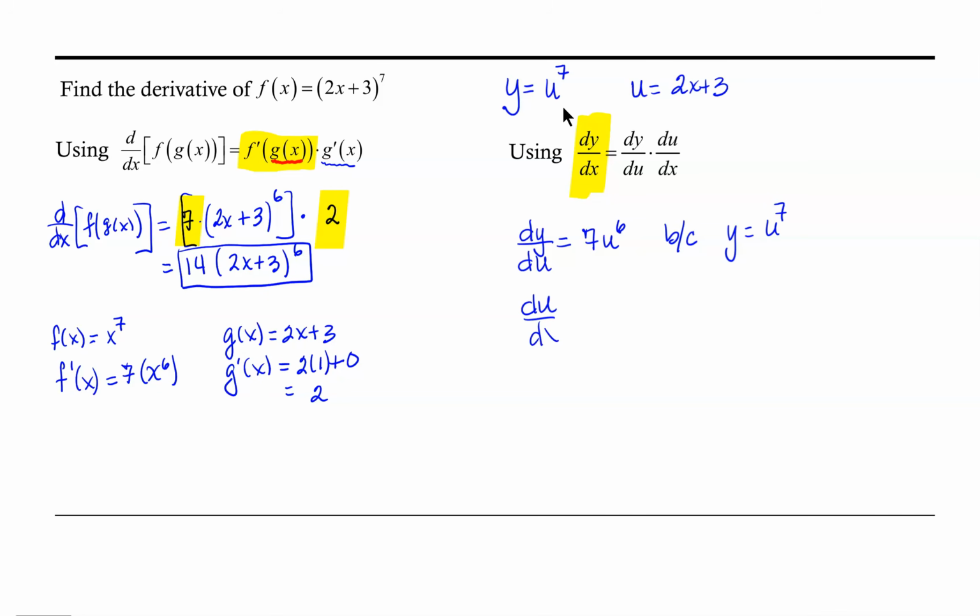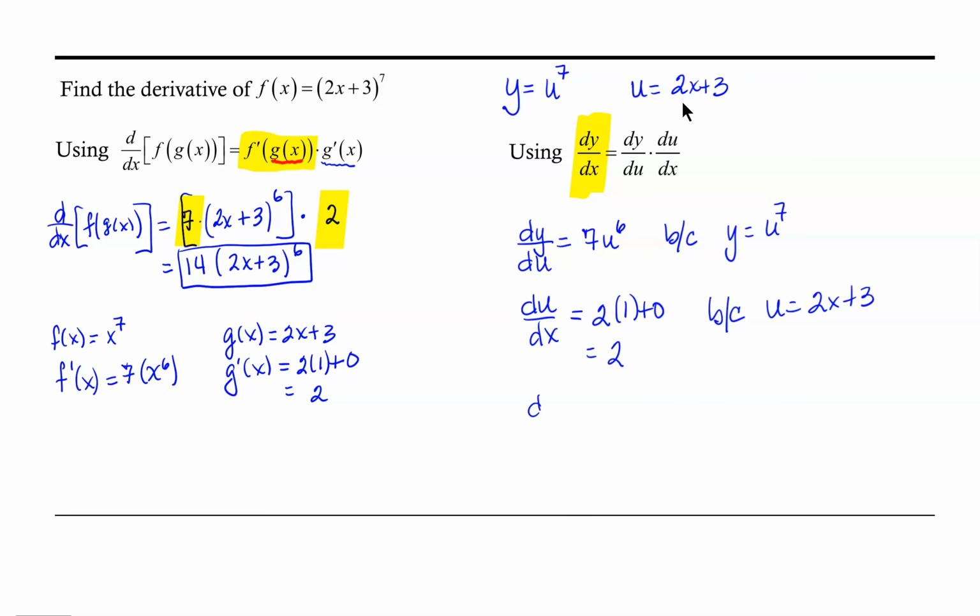The derivative of u with respect to x is going to be 2, or 2 times 1 plus 0 if we're paying attention to all of the rules, which simplifies to 2. And that's because u, we said, was 2x plus 3.